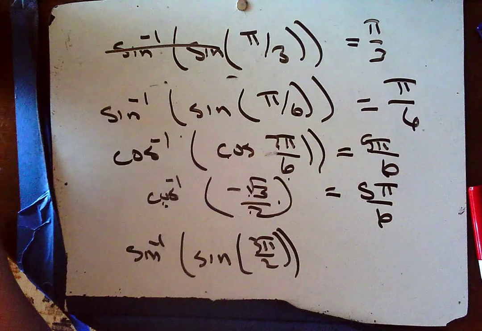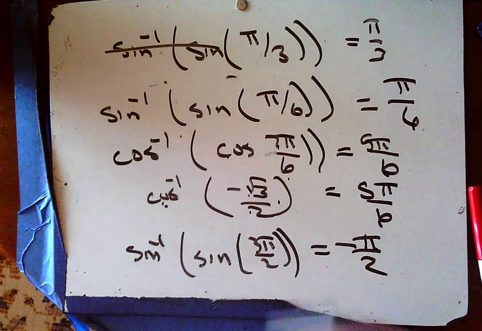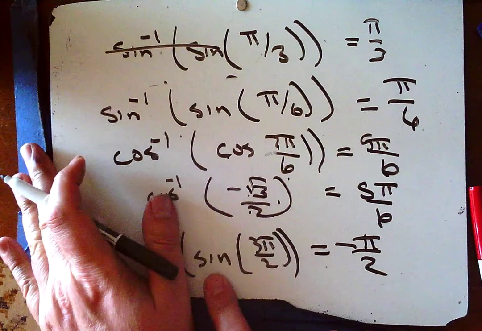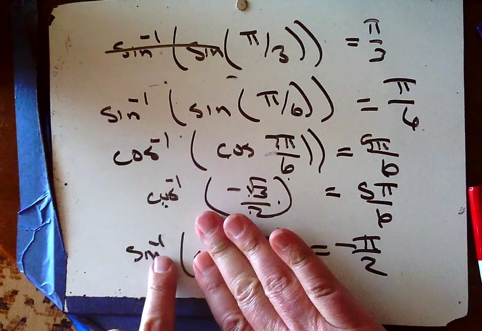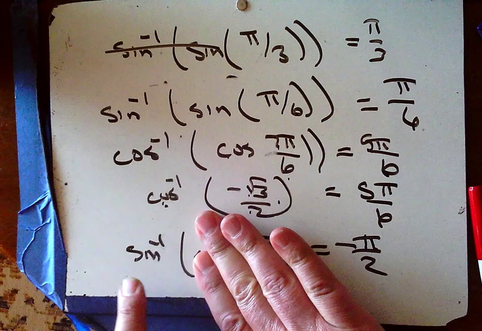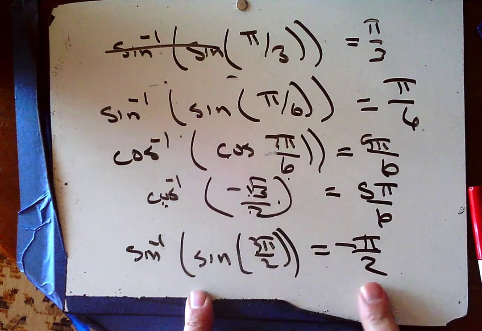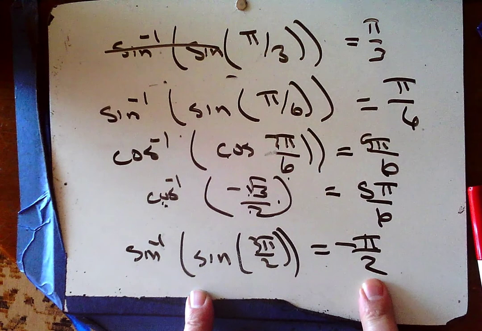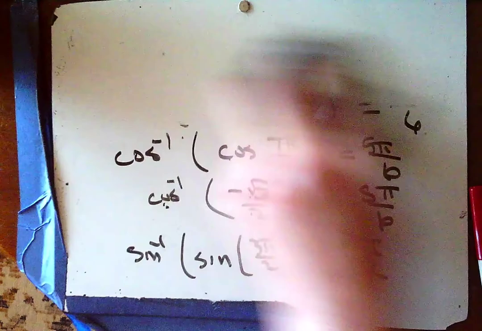The answer is negative pi over 2. What's the y value at 3 pi over 2? Negative 1. What angle within the restriction has a y value of negative 1? Well, within the restriction, negative pi over 2 does. Not 3 pi over 2. That is not within our restriction.